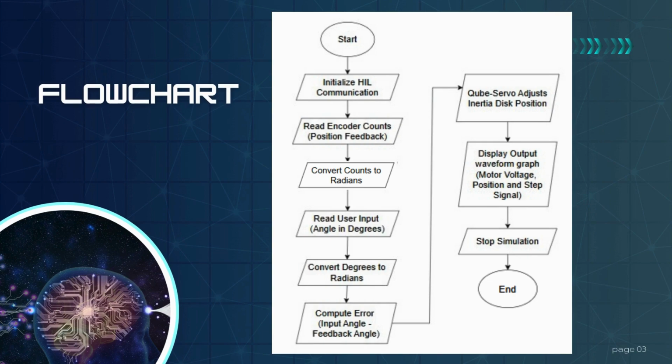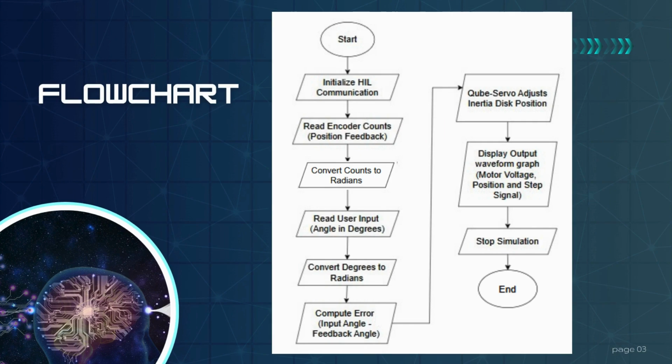With this connection, LabVIEW can read sensor data from the encoder and send motor control signals to the Qube Servo. Once communication is established, the system starts reading encoder counts from the Qube Servo. These counts represent the current position of the rotating inertia disk. The encoder measures how much the disk has rotated and sends the information back to the system in digital count values.